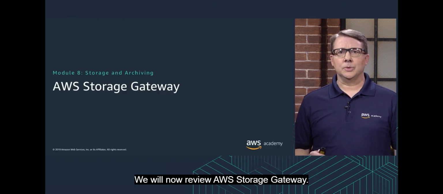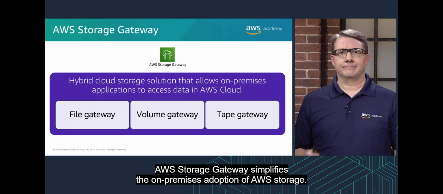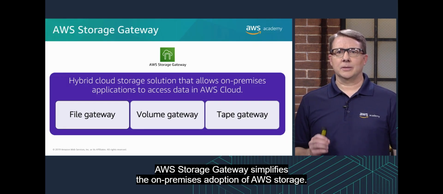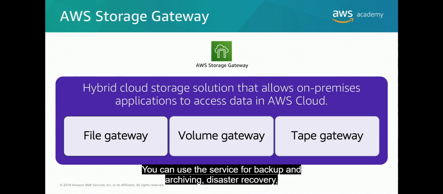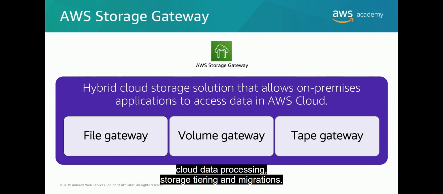We will now review AWS Storage Gateway. AWS Storage Gateway simplifies the on-premises adoption of AWS storage. Storage Gateway is a hybrid storage service that enables your on-premises applications to use AWS cloud storage. You can use the service for backup and archiving, disaster recovery, cloud data processing, storage tiering, and migrations.